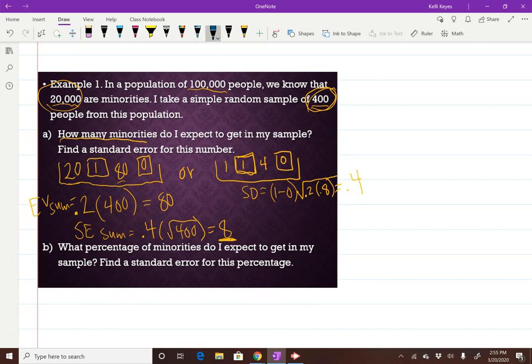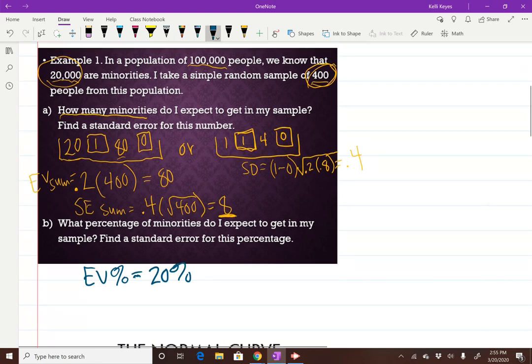So what's the percent of minorities in the population? Well, it's 20%. So that's the EV percent. You should never get EV percent wrong ever, because it will literally state it for you. EV average we're going to talk about in a minute. So EV percent is 20%.